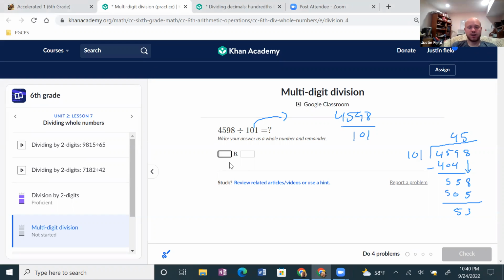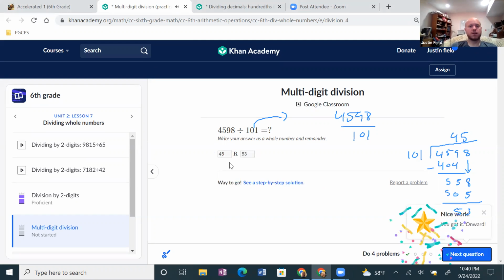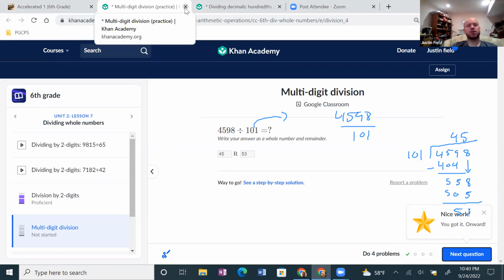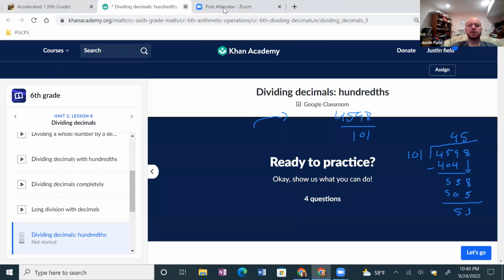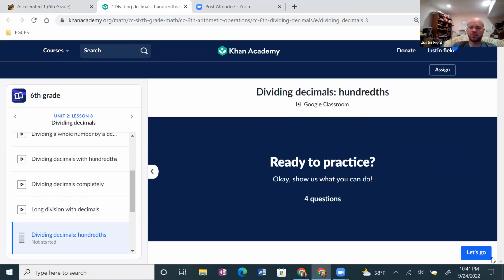And our answer is 45 with the remainder of 53. Yeah. Okay. So multi-digit division's not too bad. Just make sure you divide, multiply, subtract, bring down. Divide, multiply, subtract, bring down.